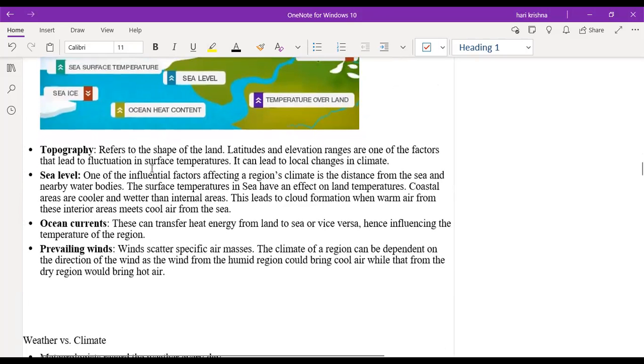Okay. Now we'll go from point to point. Topography. What is the topography? Sir, it affects the shape of the land. Okay, good. Any other point about the topography?